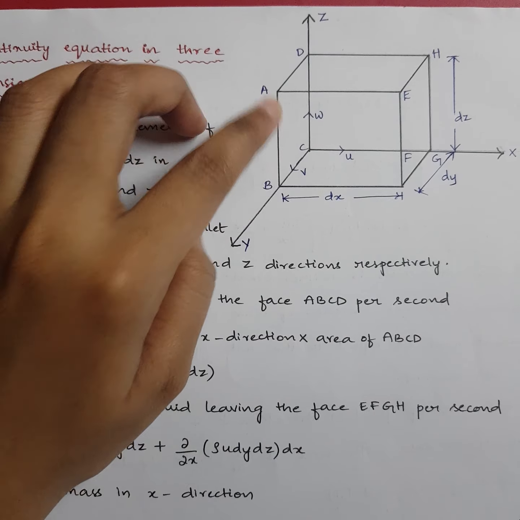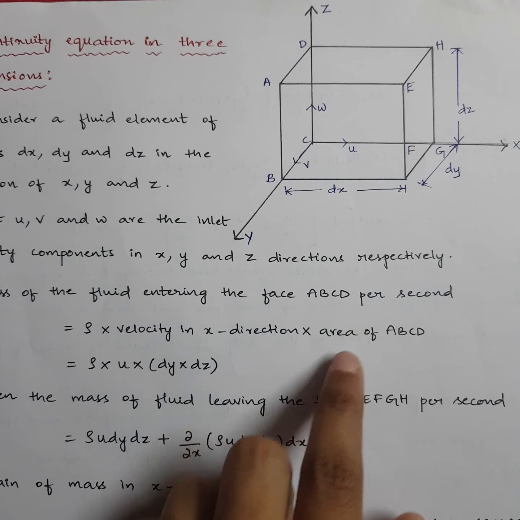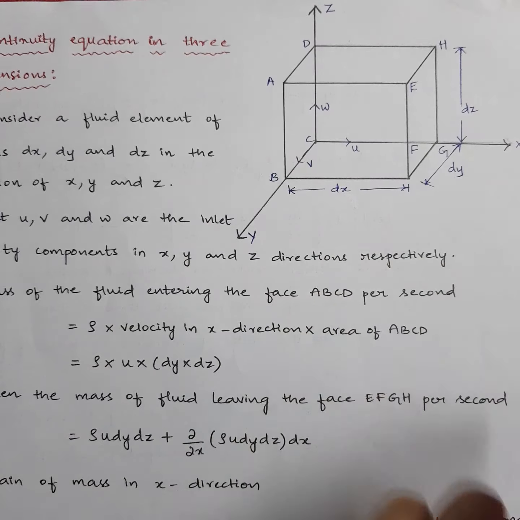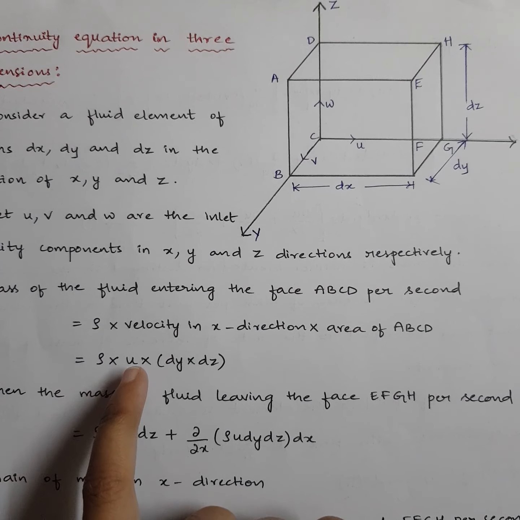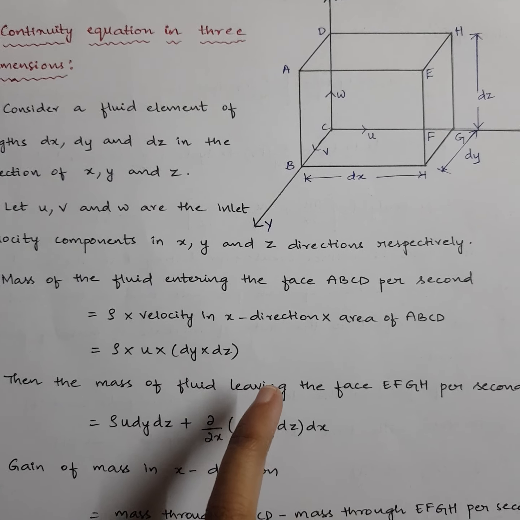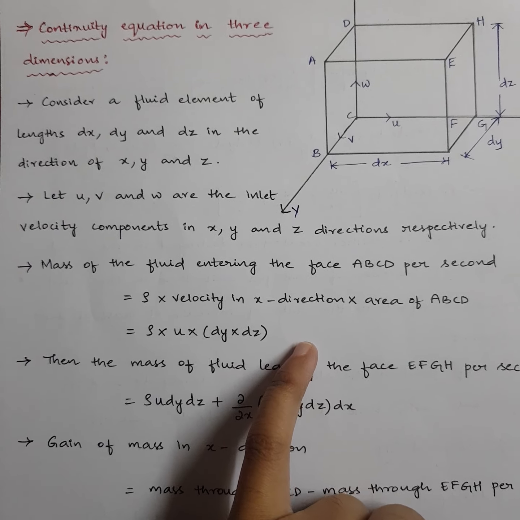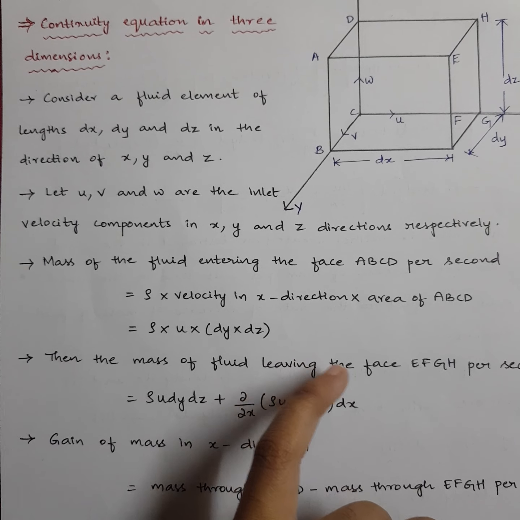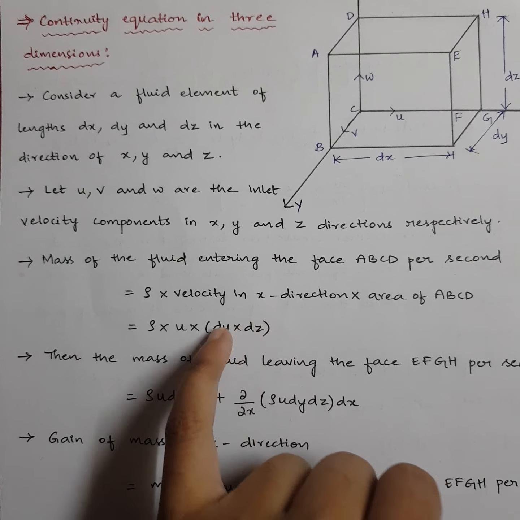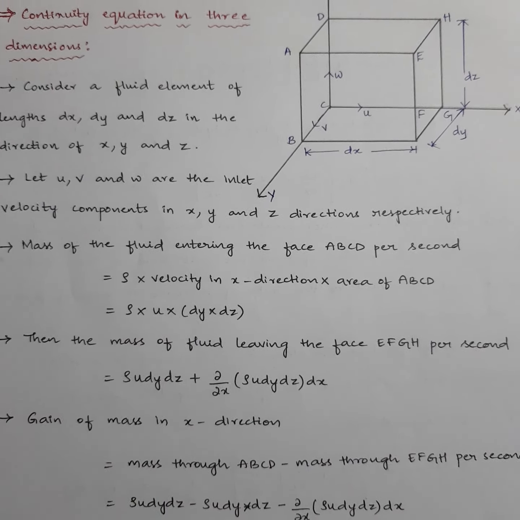The height is dz and this length is dy. The velocity in the x direction is denoted by u. So it's rho into u into dy into dz. This is the mass of the fluid entering the face ABCD: rho into area into velocity in that direction.